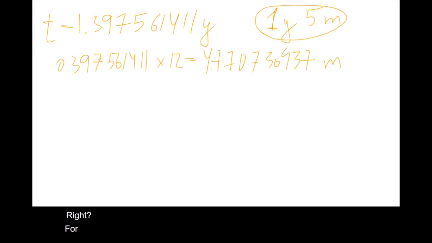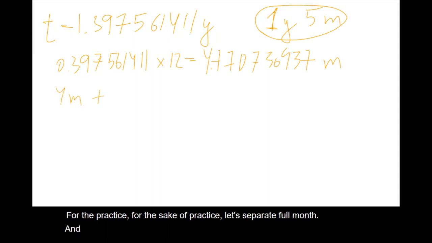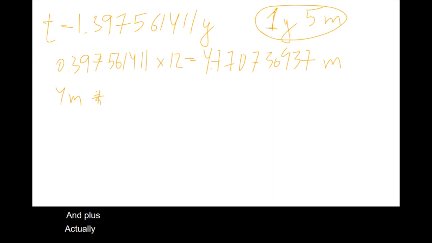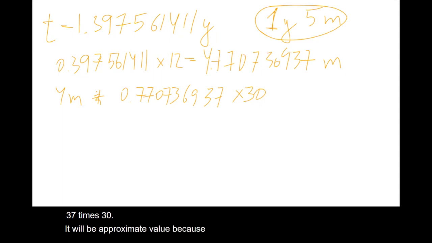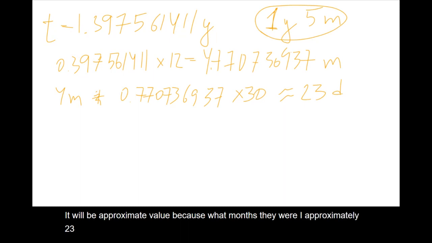For the sake of practice, let's separate 4 months and take 0.77366937 times 30. Well, it will be an approximate value because months vary, approximately 23 days.